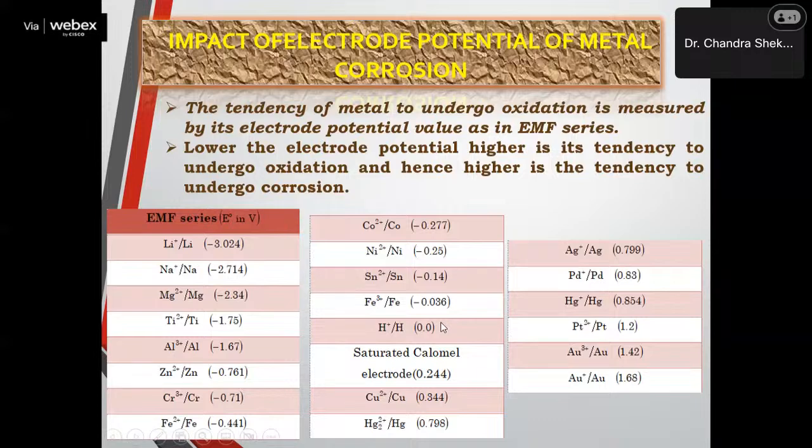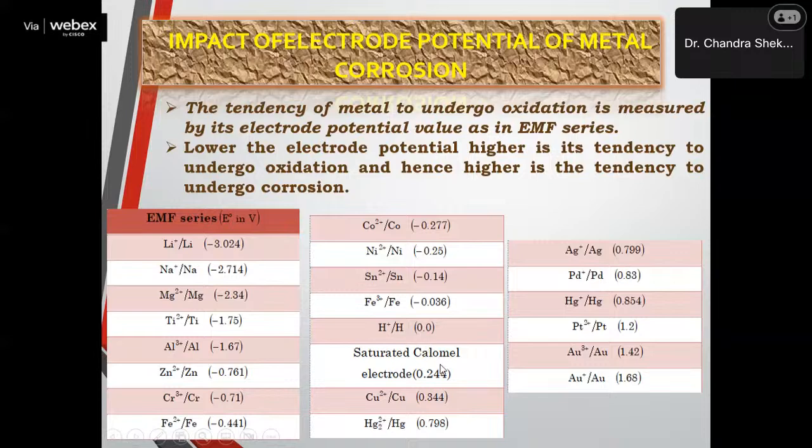When you connect a particular metal ion system or a redox system to the standard hydrogen electrode, few of the redox systems show the tendency to undergo oxidation. Similarly, there are few more systems which show the tendency to undergo reduction.